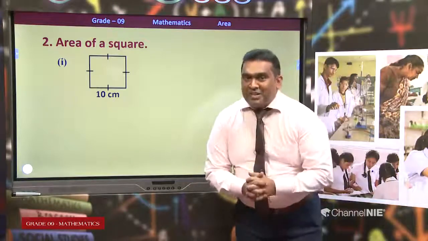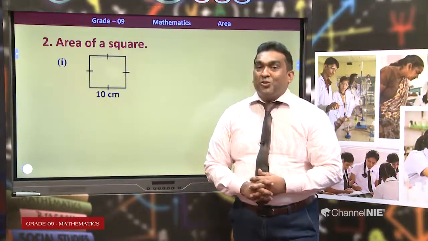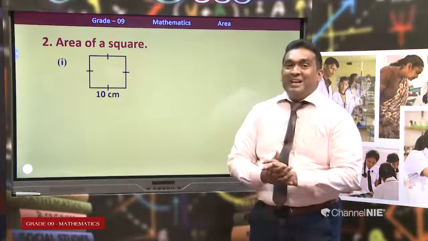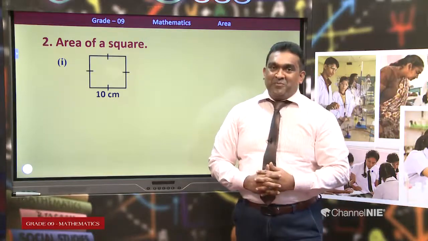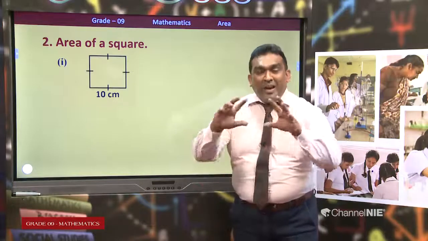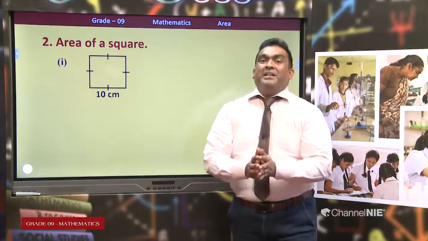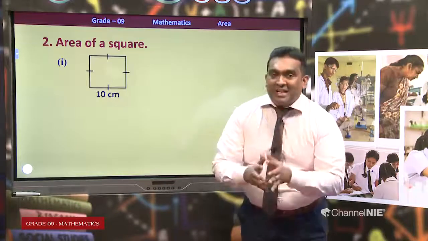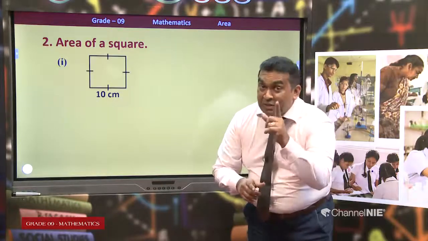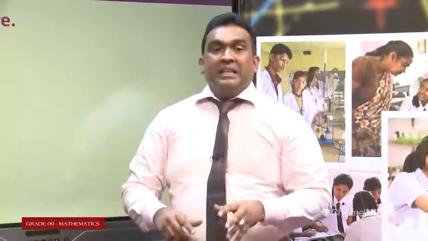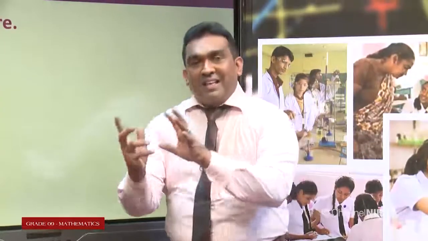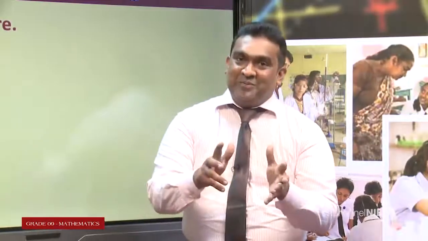Yes, my children, now I am going to define the area of a square. You know that a square is also a plane figure having 4 straight line segments. There is a special property there. What is that? All the sides are equal in length. Therefore, there is a common word for length, that is called length of a side or side length.